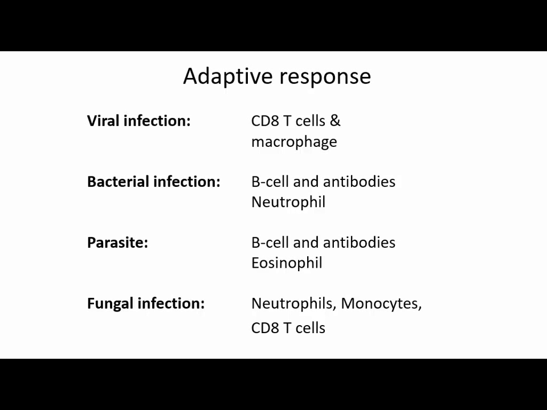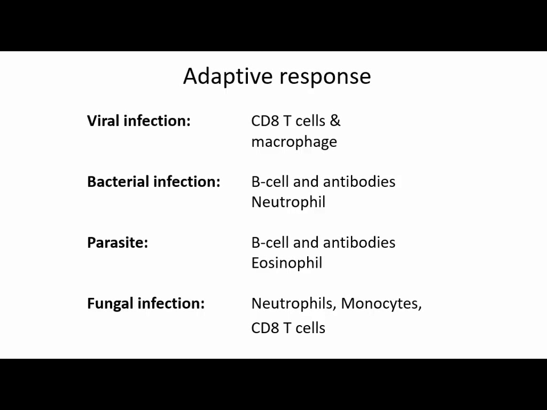Okay? Now, if we get a parasitic infection, we're going to have B cells, antibodies, and if it's a parasite, eosinophils. Now the specific response associated with parasites is not just an antibody response, it's IgE. Okay? So it's IgE mediated antibody response.